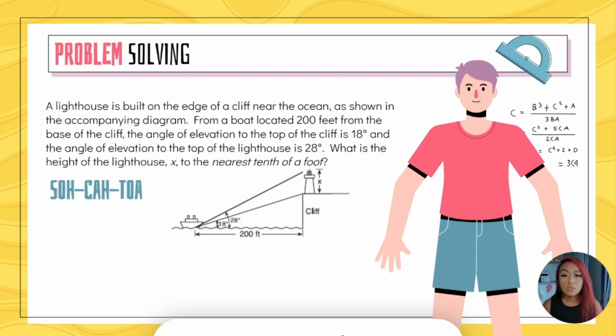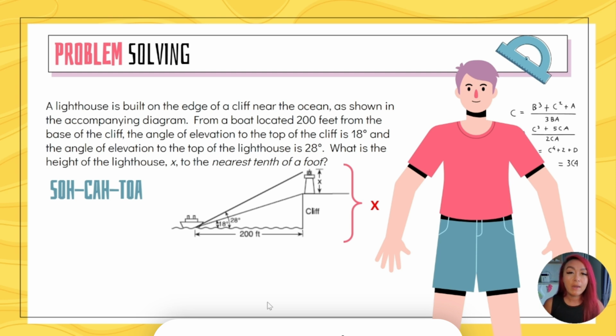Okay, so let's see what we know here, right? What we're given. We have 2 angles of elevation here, right? And this whole angle, 28 degrees, it's part of this entire right triangle. And we can use this angle to find the length of this entire side here, the cliff and the lighthouse combined.